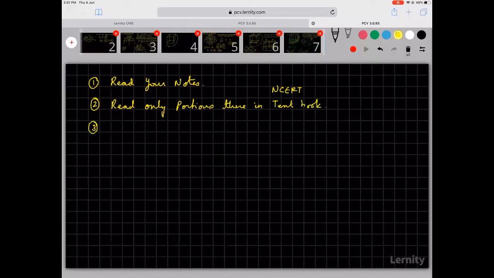3, every question where possible, draw diagram.